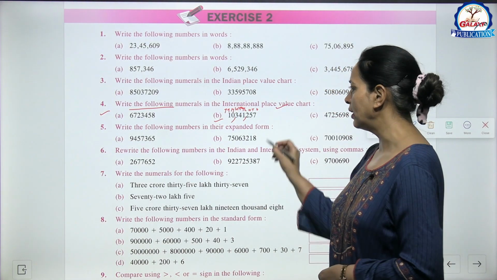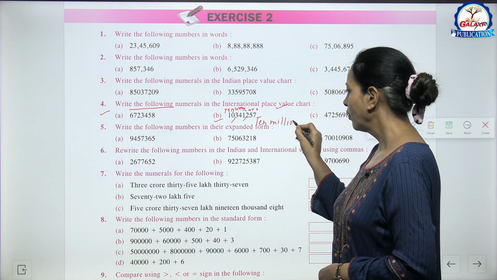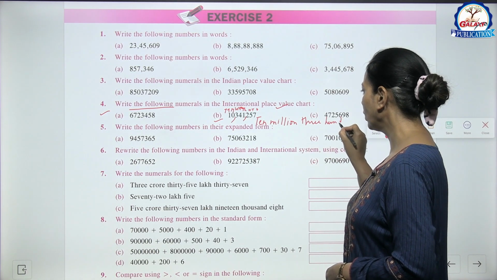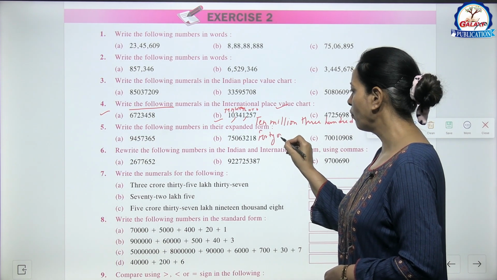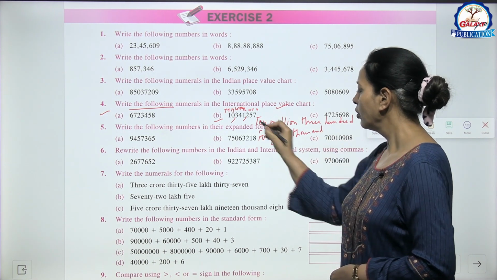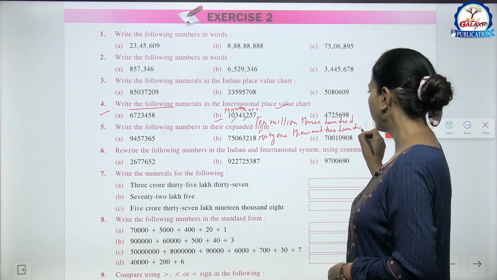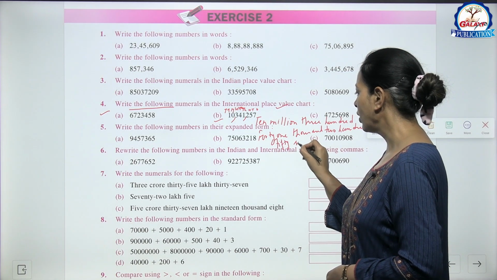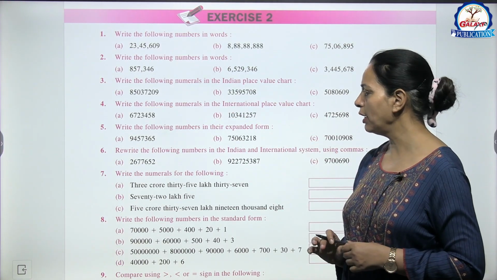So 10 million, 300, 41,300, 41,257, 257. I hope this is clear to you. Similarly, you can try the remaining parts.